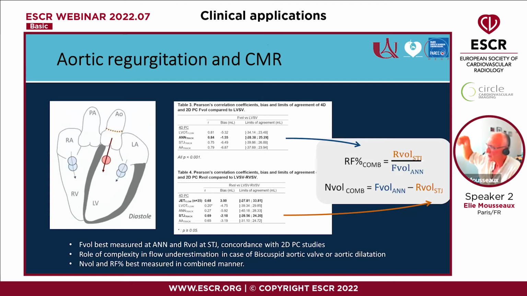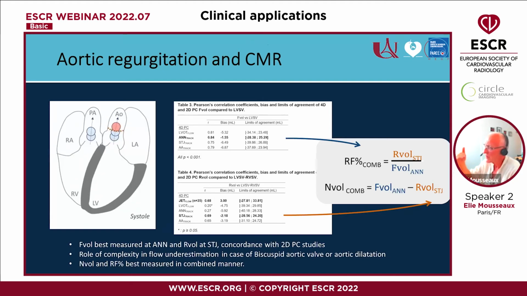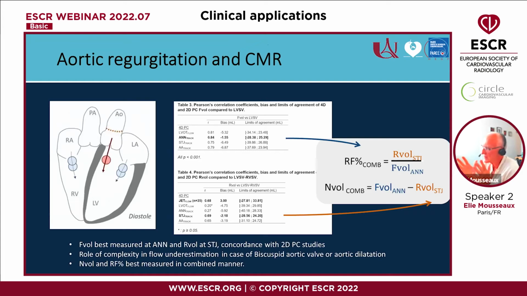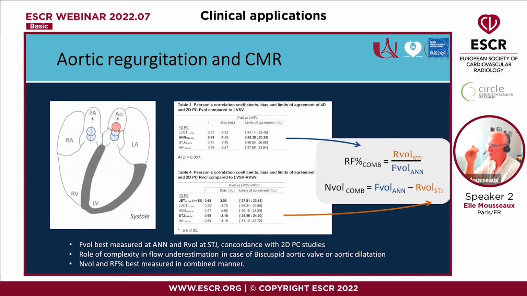So even in systole, you have some retrograde flow, backward flow within the ascending aorta during systole. So it's not possible, just because of the vorticity. So for the forward flow, we are now convinced that it's much better to use the level at the annulus level.